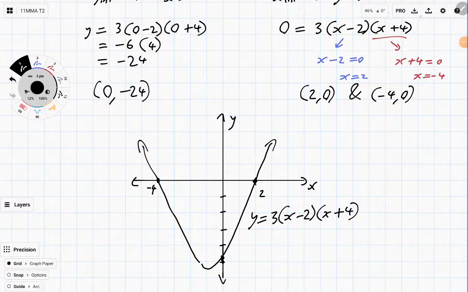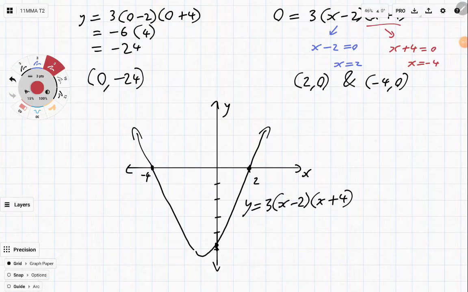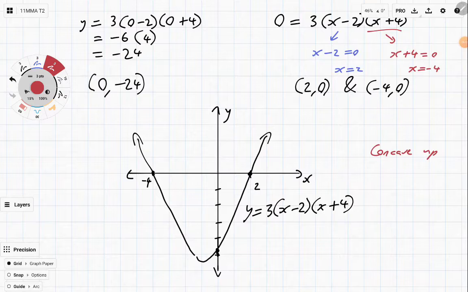But the more interesting thing is to say, well, what else do we know about it? Well, I said before, it's concave up. We know all of the intercepts. We've got one y-intercept, two x-intercepts. We've already sketched those on. But the one thing we haven't talked about is the axis of symmetry, or the turning point. So the axis of symmetry, well, remember, it's a symmetric function.